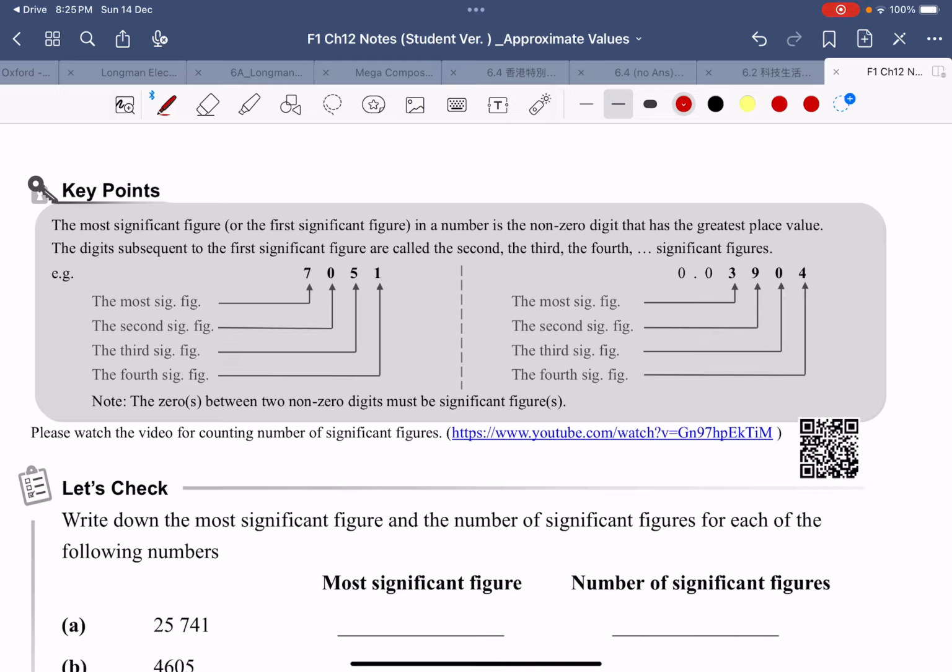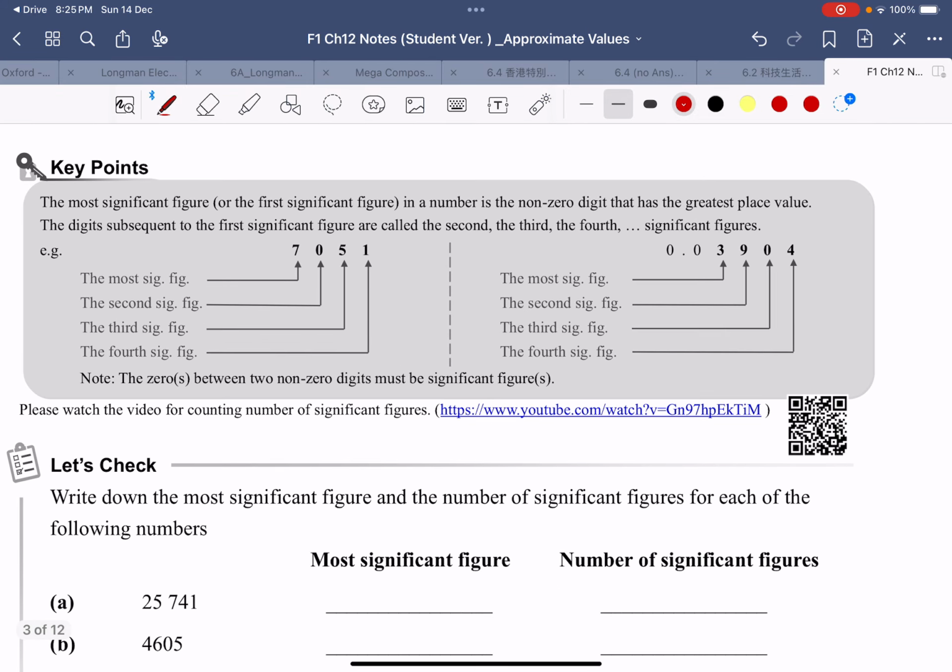Zeros between non-zero digits are significant. For example, we have 7051. Which figure is the leftmost? It is this 7. So the 7 is called the most significant figure, or the first significant figure.